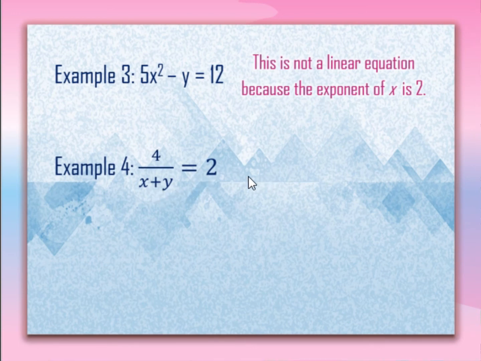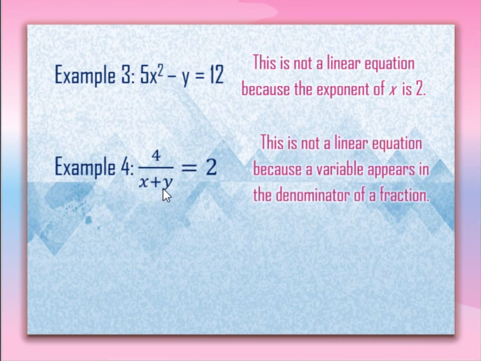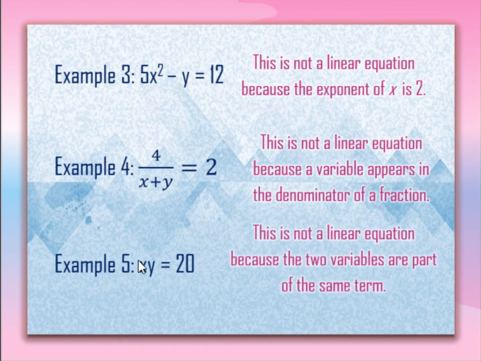This is also not a linear equation because of the variable that appears in the denominator of a fraction. Example 5, xy is equal to 20. Once again, this is not a linear equation because the two variables are part of the same term.